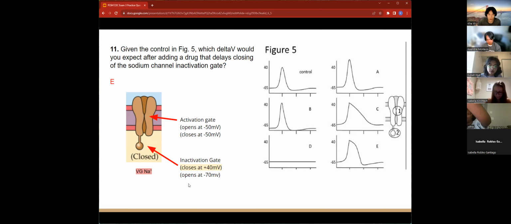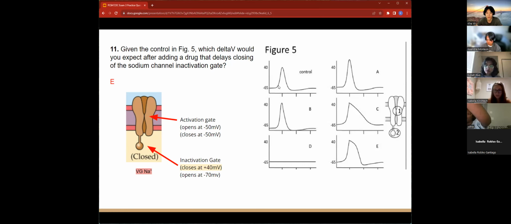Something else you should understand is there's a refractory period. If you remember one of those slides in Dr. Cho's lecture, there's an absolute refractory period, which goes from like here to here, and then there's a relative refractory period. The fact that the sodium voltage gated channel only can open again at -70, which is below your resting state, explains the absolute refractory period.